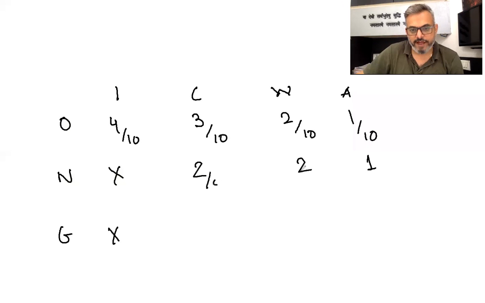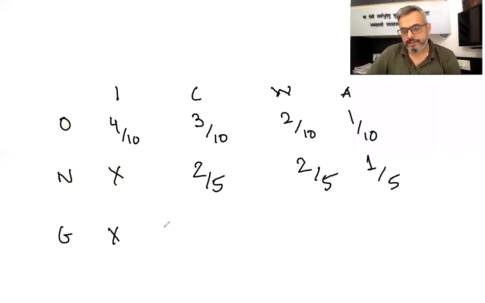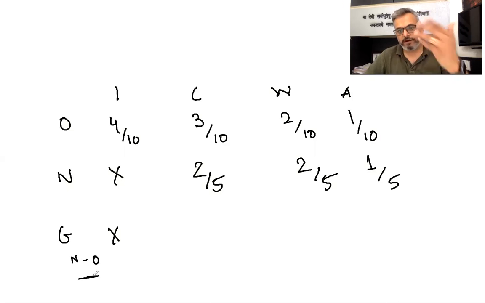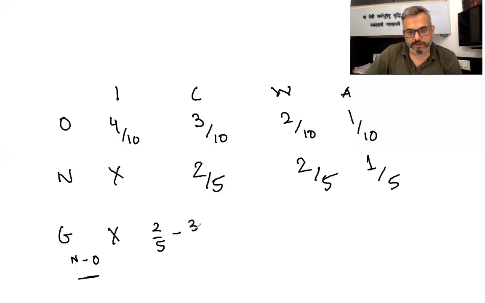So 2 by 5, 2 by 5, 1 by 5. Let's find the gain ratio. Gain ratio is equal to new minus old, because new would generally be more. So 2 by 5 minus 3 by 10. LCM is 10. 5 2s are 10, 2 2s are 4, minus 3. So 1 by 10.